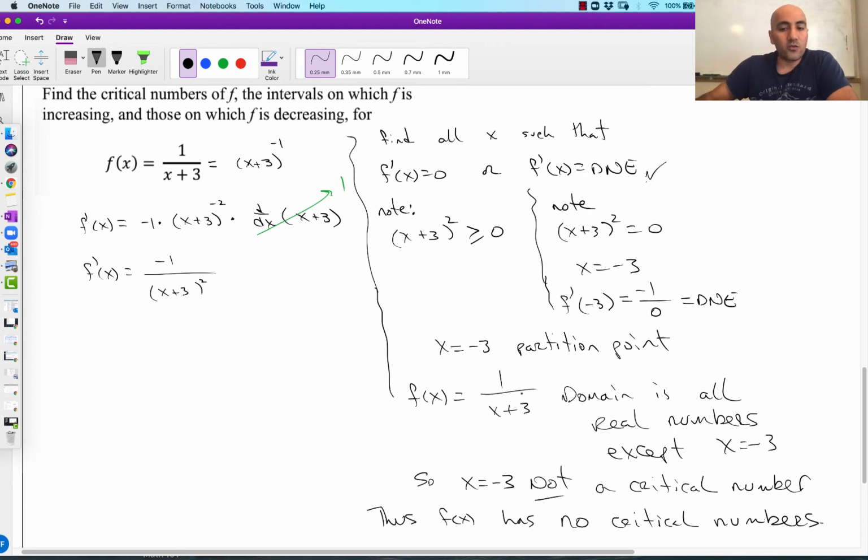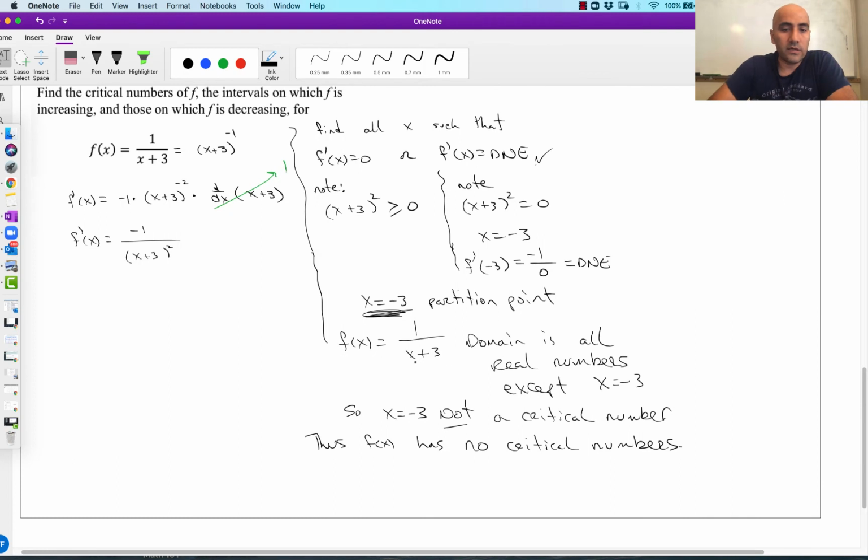Okay, nevertheless, we did find a partition number. So as a partition number, what we're going to do is think about our number line, and then we're going to partition it at -3, and think about the derivative, whether the derivative is positive or negative on either side of it. We know that at -3 it's undefined, but what happens to the left and to the right of that partition number?